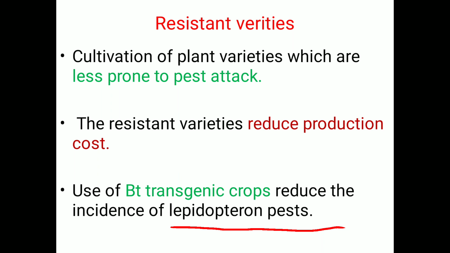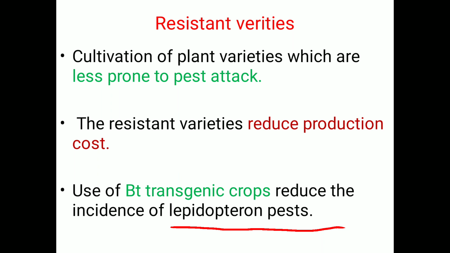The resistant variety differs from crop to crop. For example, HD2109 is a resistant variety against rust of wheat. The second example is BT cotton. As we know, BT is Bacillus thuringiensis.